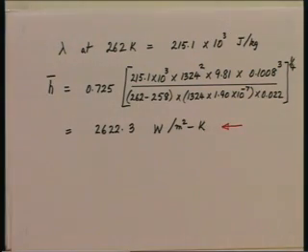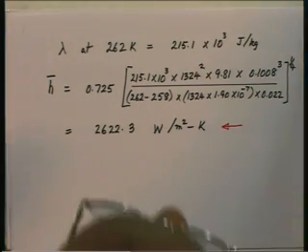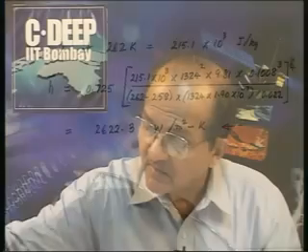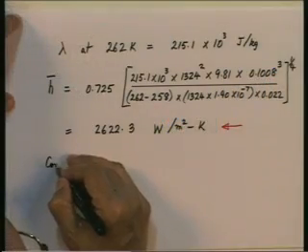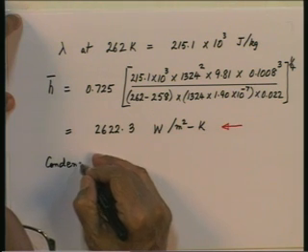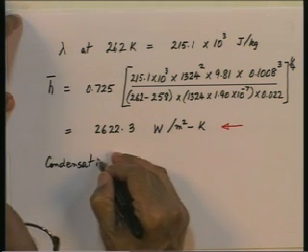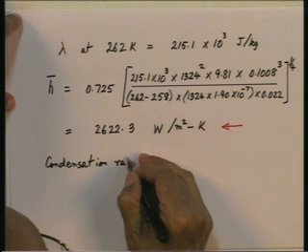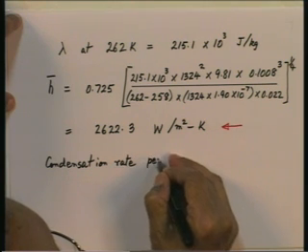The second thing we have been asked to find is the Reynolds number, the film Reynolds number at the bottom of the tube. So, first let us get the condensation rate per meter length.